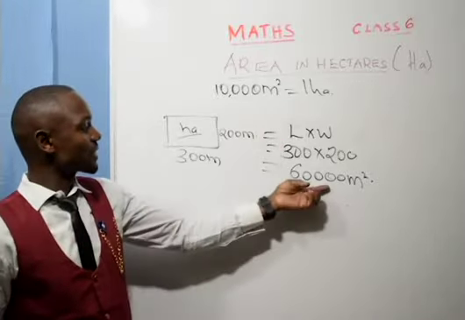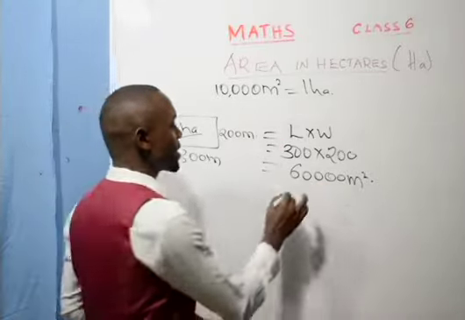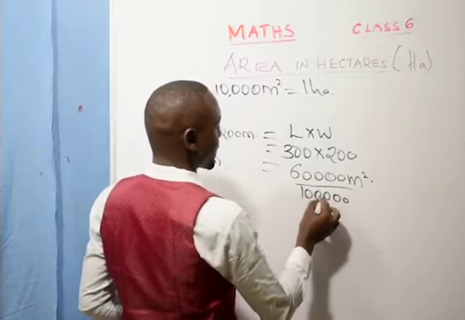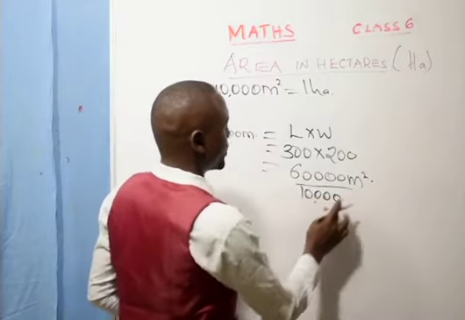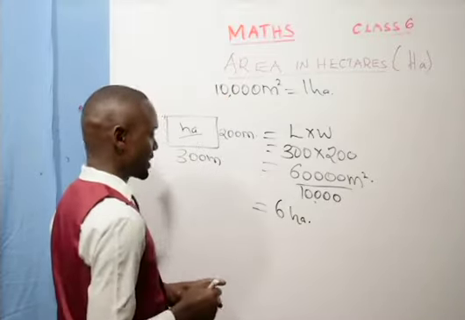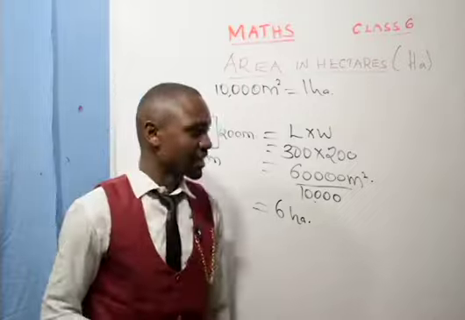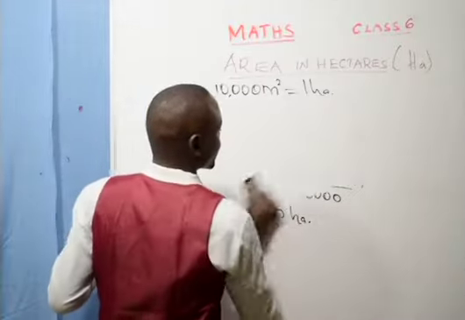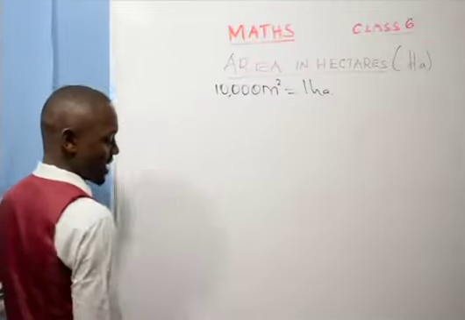So to convert square meters to hectares, we divide by 10,000. So this piece of land will have an area of 6 hectares. That is how we give area in hectares.